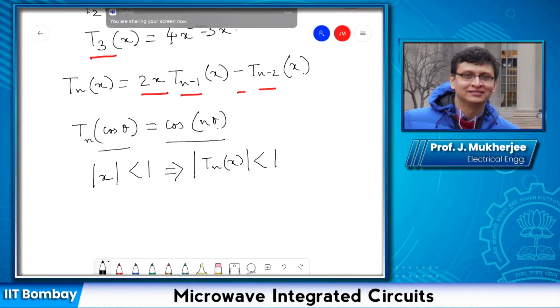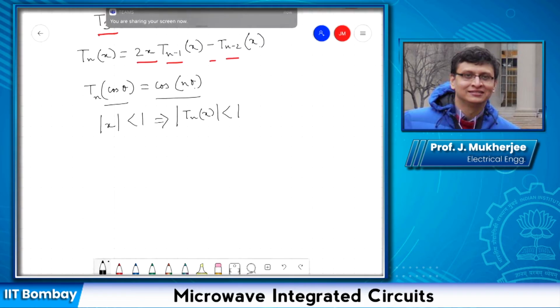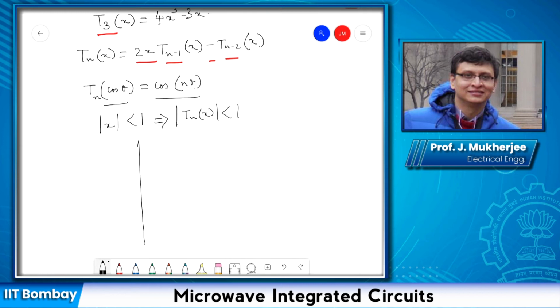So let me now stop sharing the slides and go back to my whiteboard. Let us go back to our frequency response curve. Our frequency response curve was something like this. This is pi by 2.